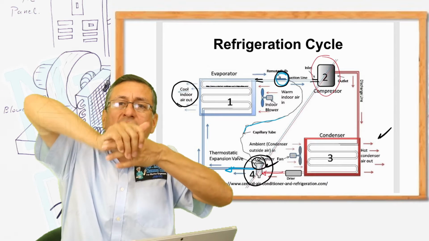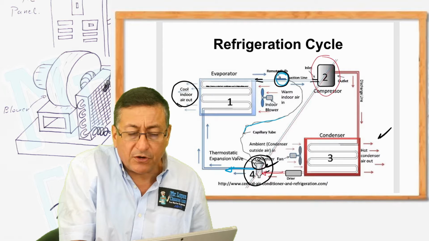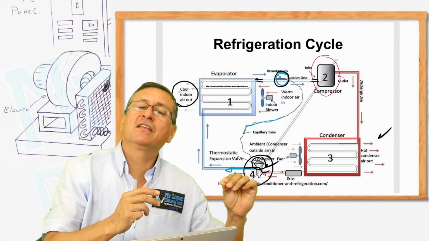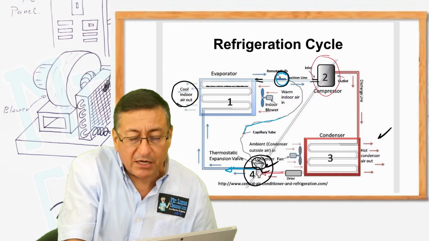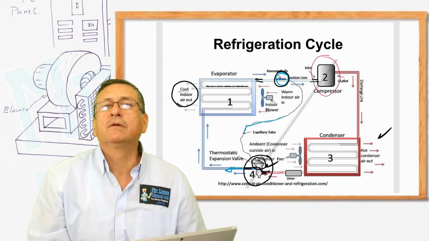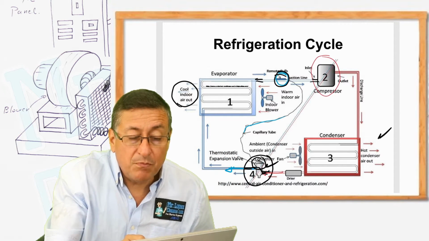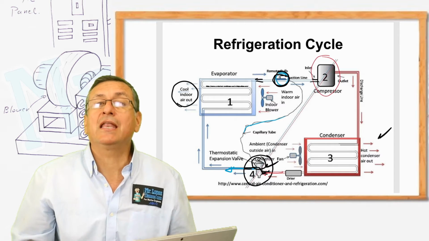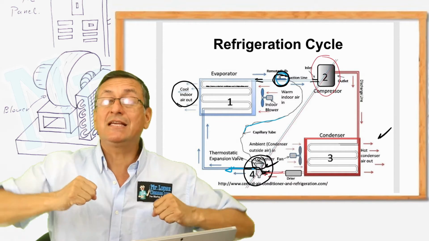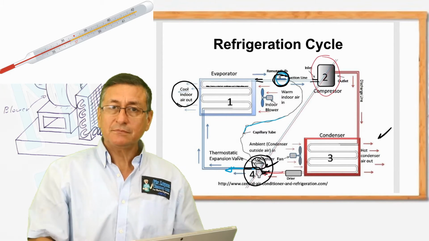When the diaphragm is deformed, the valve opens and the fluid passes from here to here, and the reduction in pressure and temperature is produced because the diameter in the output is too small in comparison with the diameter in the input. This is the function of the thermal expansion valve. But the secret is this bulb. Internally this bulb has a substance that expands and retracts easily with a small change in temperature, like mercury.